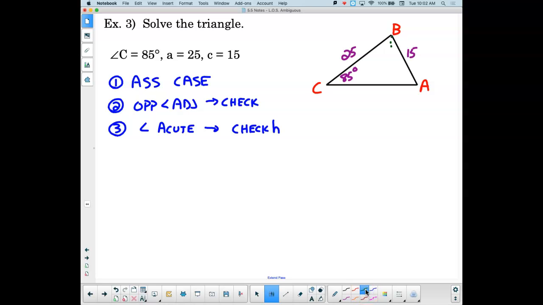So here's my height. We know that the height is perpendicular. How can I find h?